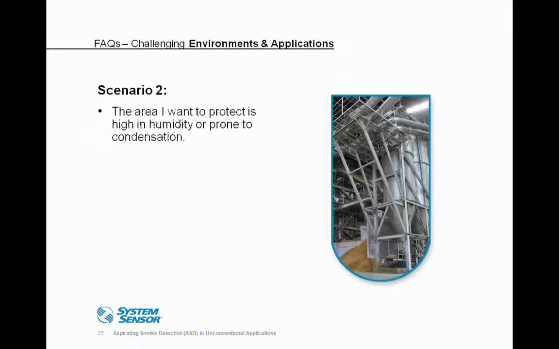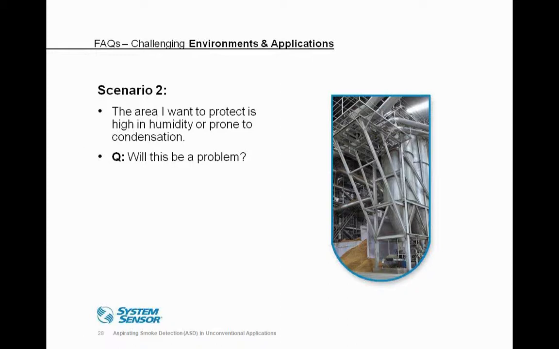The second scenario is that the area they're looking to protect is high humidity or prone to condensation. Is this a problem? With traditional spot-type detectors, especially photoelectric principles, it's definitely a problem because of the nature of the technology. If any moisture gets into that chamber, it could respond as unwanted nuisance alarms.